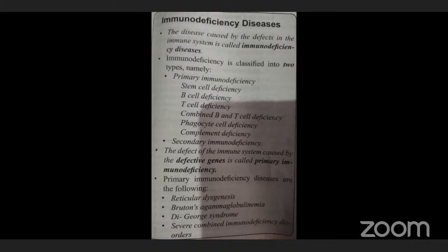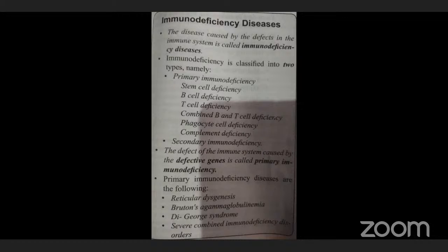The primary lymphoid organs are responsible for making lymphocytes. Thymus is responsible for making T cells. There are no T cells, which means there is no cell-mediated immunity. Clear? So that is called DiGeorge syndrome, where the thymus fails to develop.